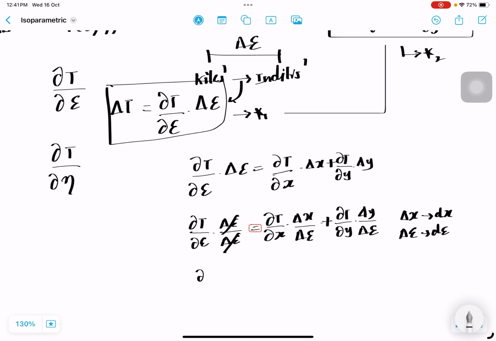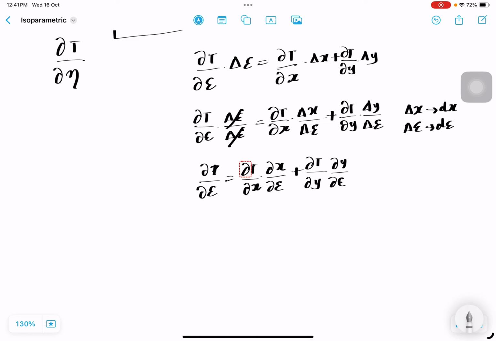Then dou T by dou epsilon is equal to dou T by dou x into dou x divided by dou epsilon, plus dou T by dou y into dou y divided by dou epsilon. Okay, so that is it. This is the chain rule equation that I wanted to demystify. Sometimes we may have difficulty in understanding how we actually get this equation.